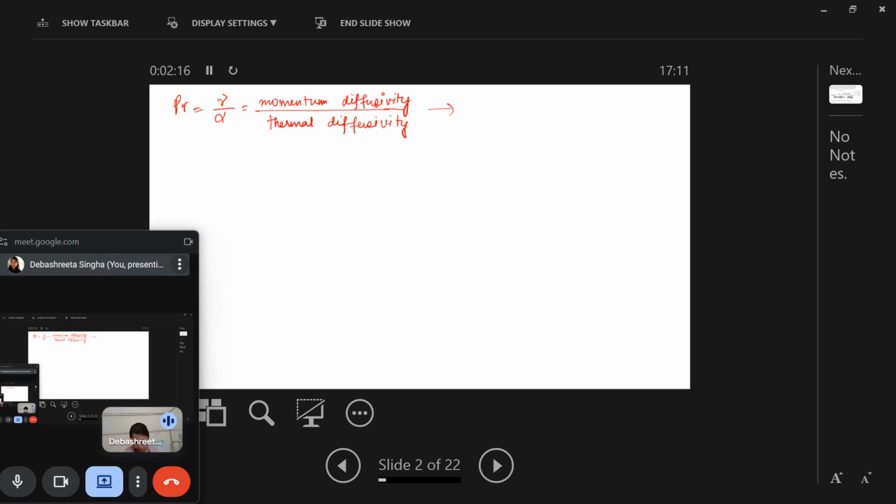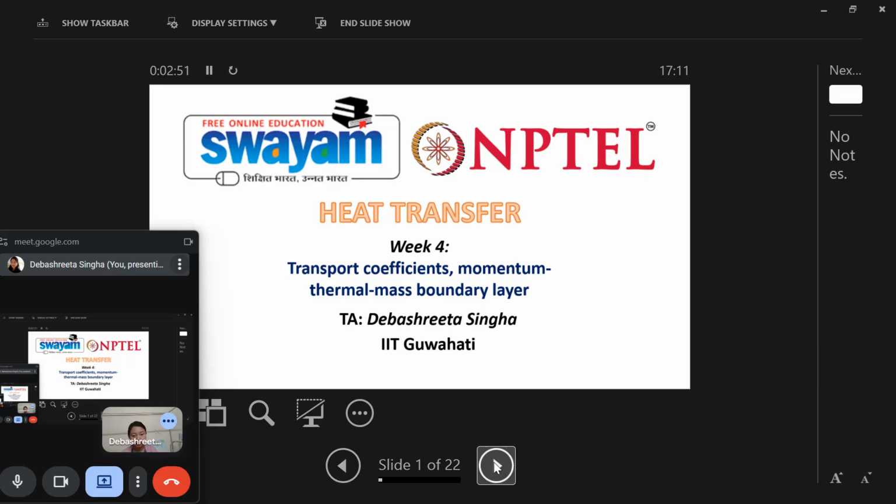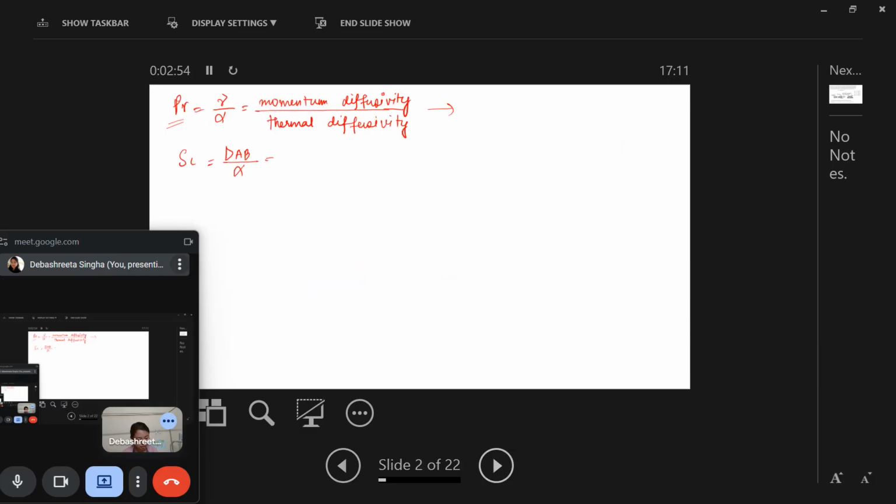Then next, for heat transfer, this Prandtl number is the one which will decide the ratio between momentum and thermal diffusivity, whereas for mass transfer, the Schmidt number will decide. This is the mass diffusivity.